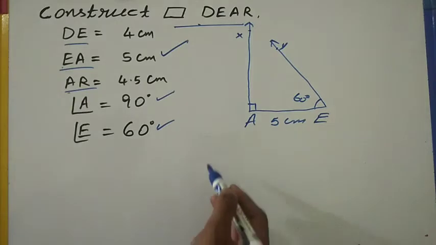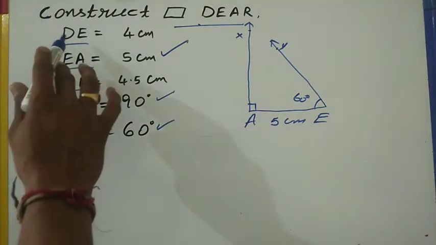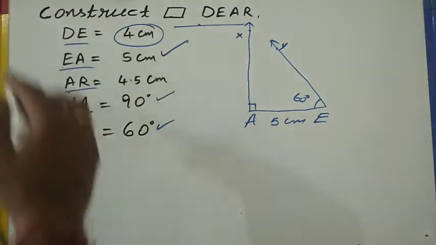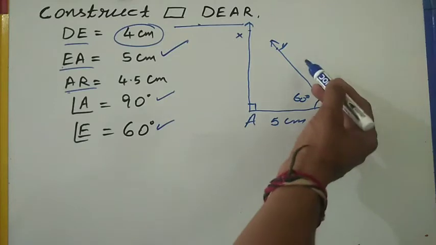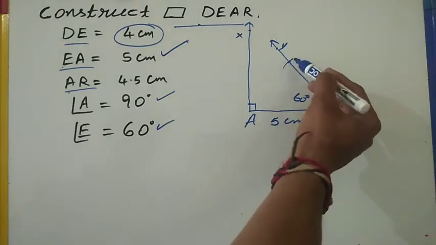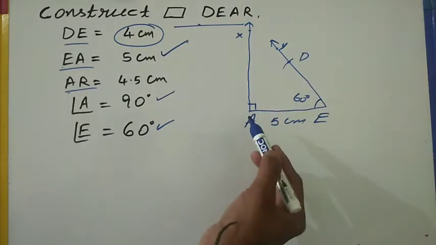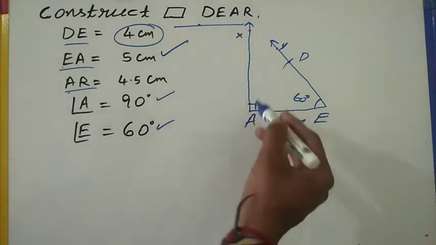Now, I know DE is of 4 centimeter. So, using a pair of compasses at 4 centimeter we can cut here, it gives me point D, and I know AR length as 4.5 centimeter.